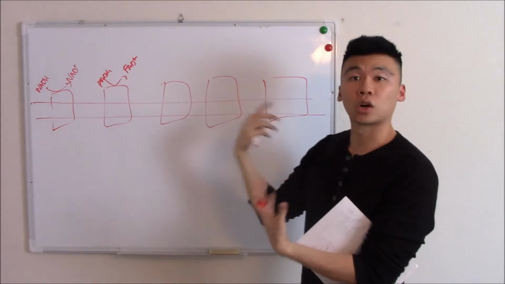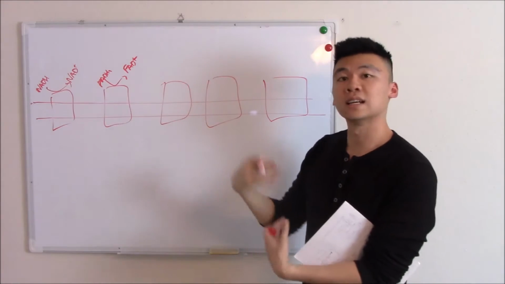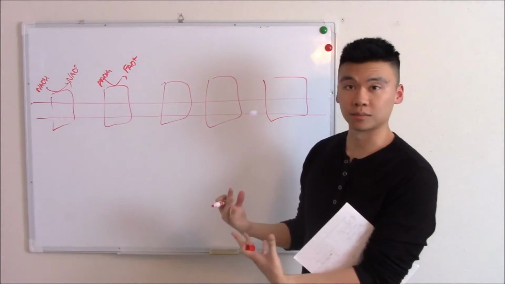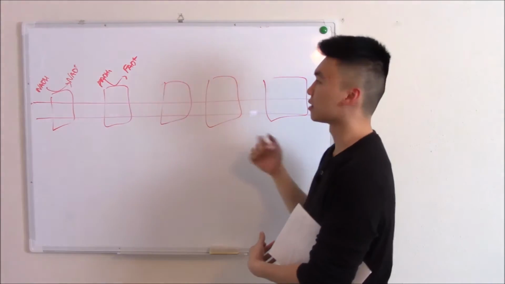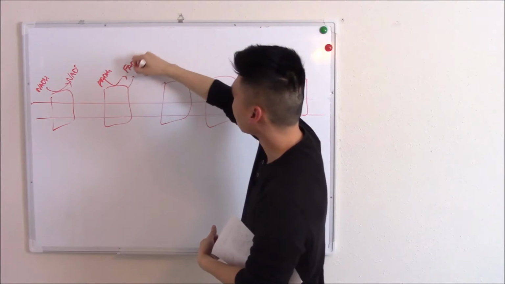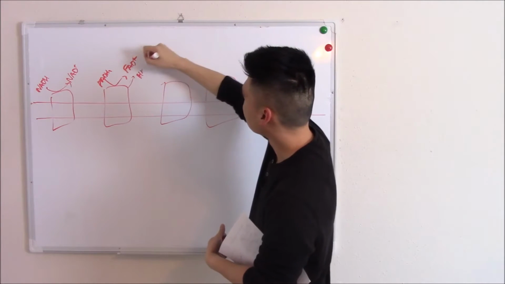And that creates a current, kind of like when you plug in your electronics, there's a current that powers something. Well, here there's a current that powers something, and that powers the release of H+.